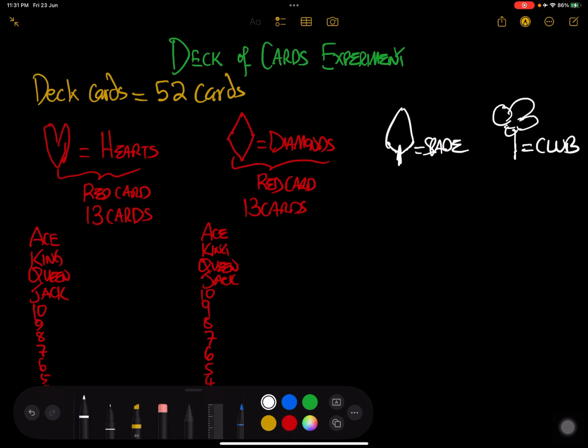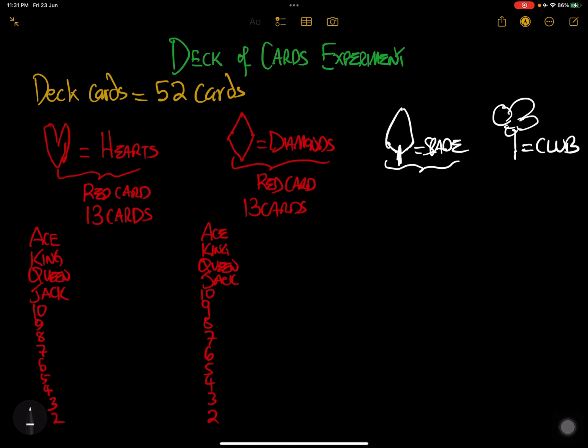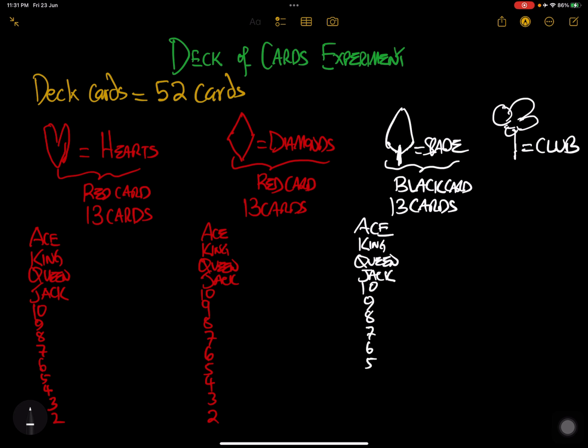On the other hand, the spade cards are usually black cards, also made up of 13 cards. It has an ace, a king, a queen, a jack, a 10, a 9, an 8, 7, 6, 5, 4, 3, 2.